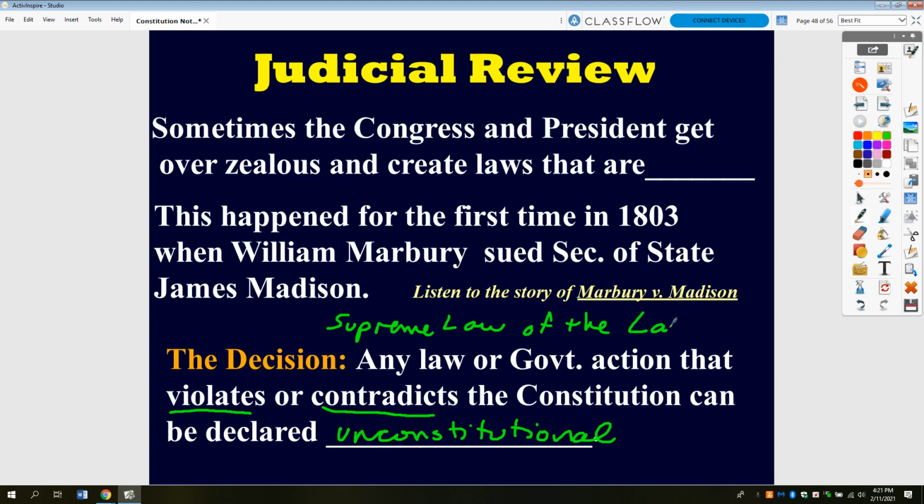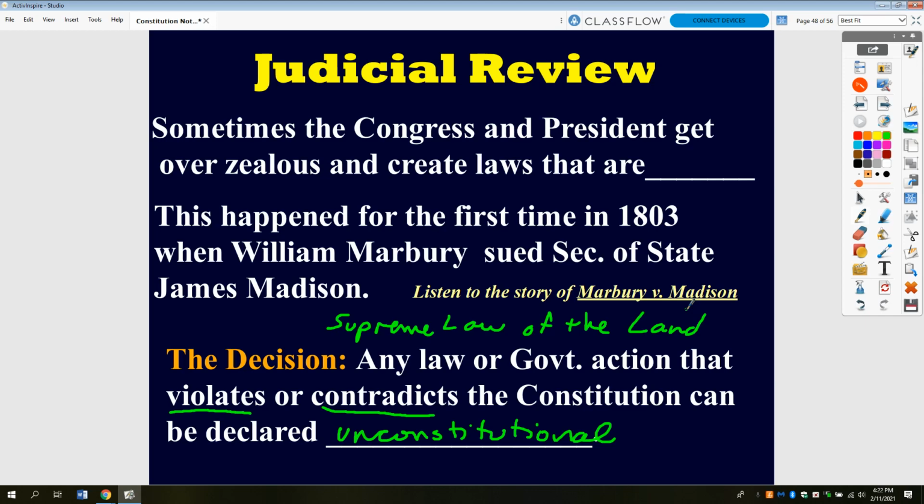And they ask themselves this question: how can the Constitution be the supreme law of the land if any law written by Congress can contradict it? And the answer is it can't be. To be the supreme law of the land, it has to be more powerful than any law written by Congress or anyone else for that matter.